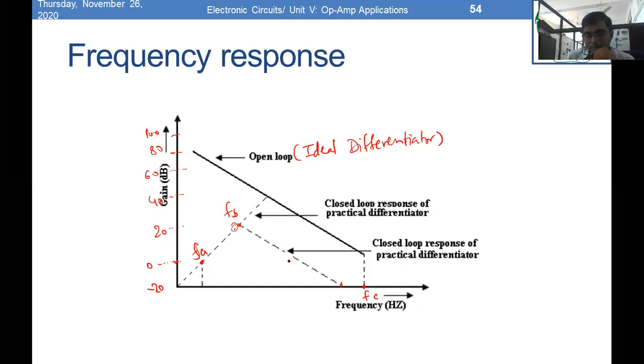So this is the frequency response of the practical and ideal differentiator on the same graph. So what is FB here? The gain limiting frequency.